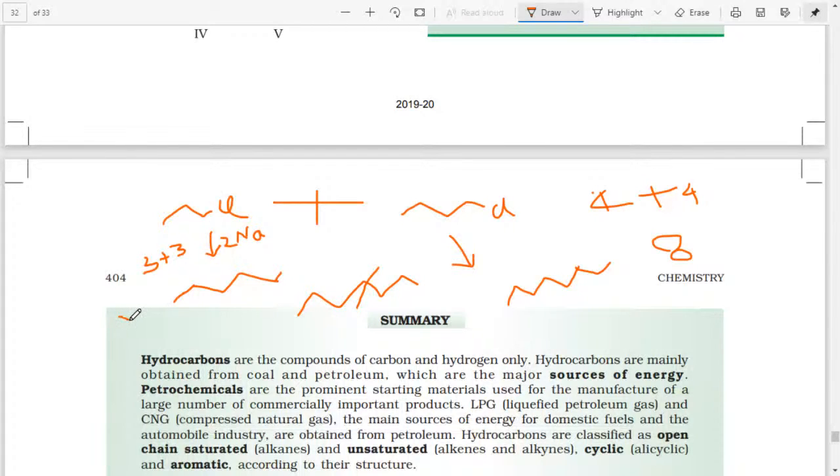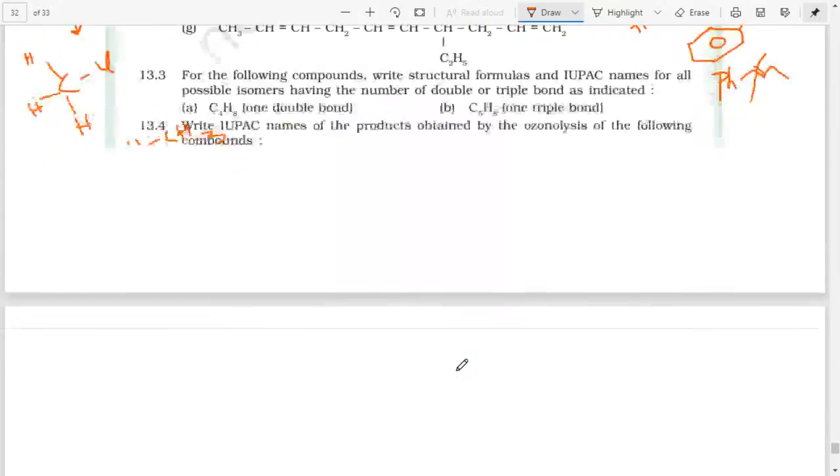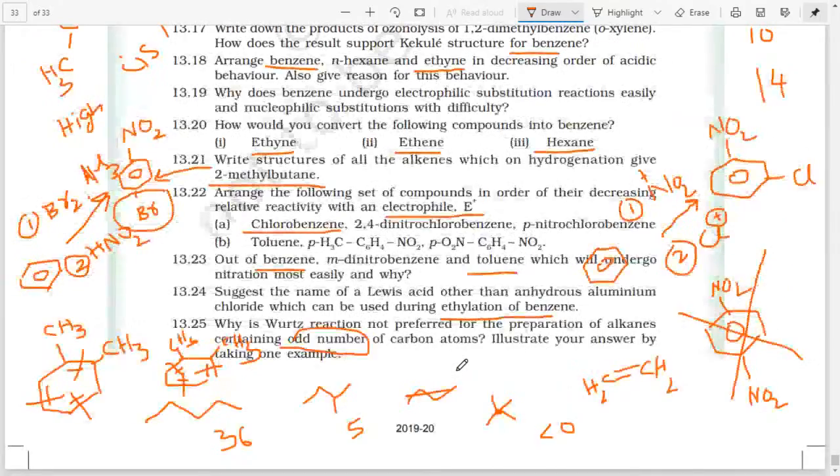I will get a mixture of hexane and octane instead of heptane, or I can get a mixture of these three compounds. So odd number carbon compounds are not going to be prepared following Wurtz reaction. This is how you can do a number of exercises from the hydrocarbon chapters.